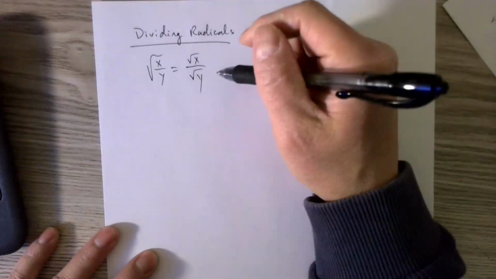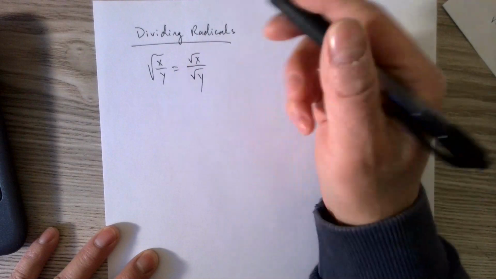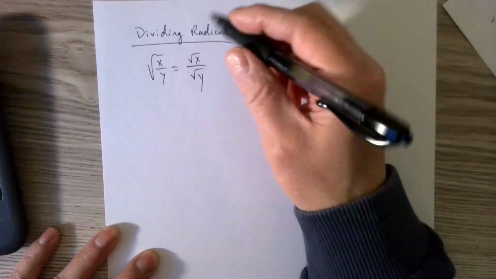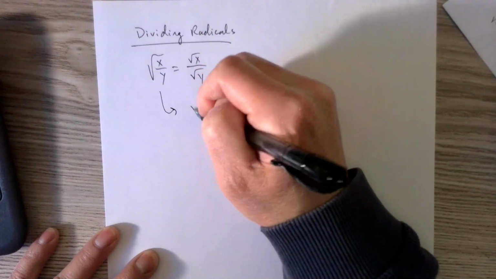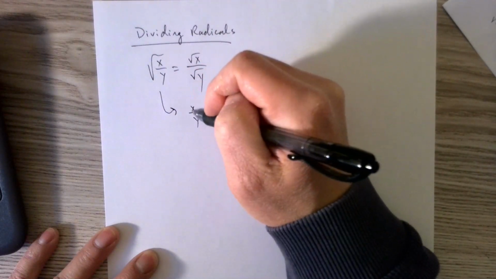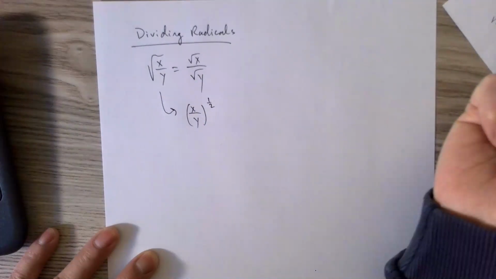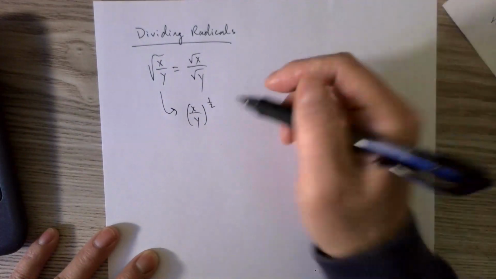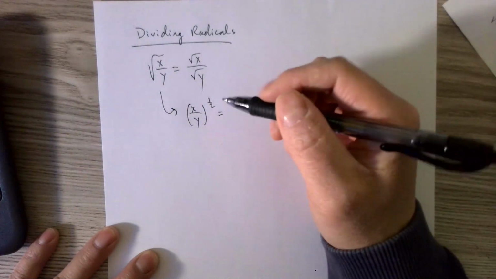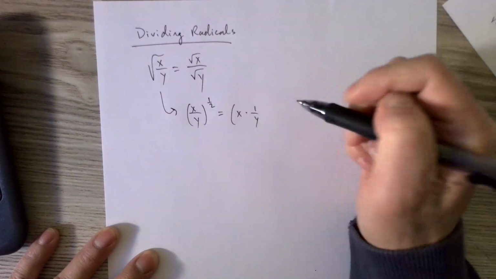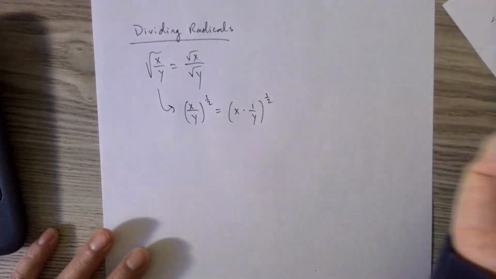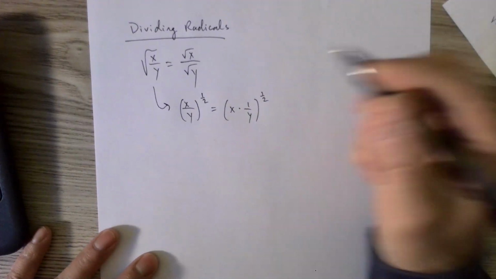Why is this true? Well, if I start with this, this is the same thing as x over y to the 1/2 power. And I may write this as x times 1 over y to the 1/2 power by definition of division.